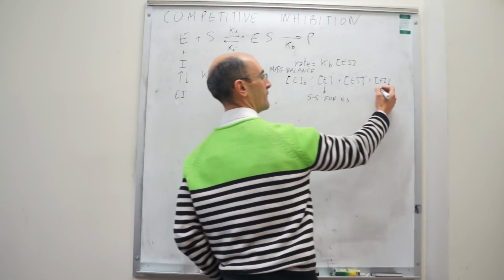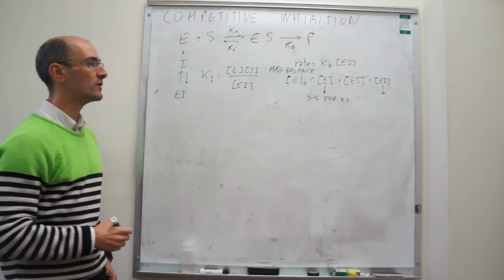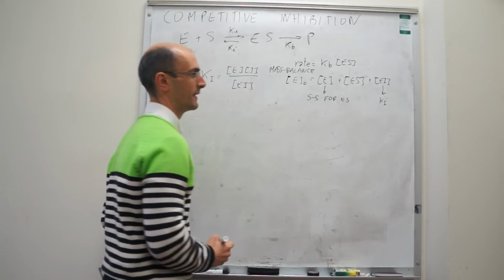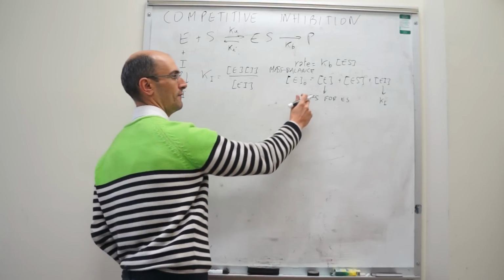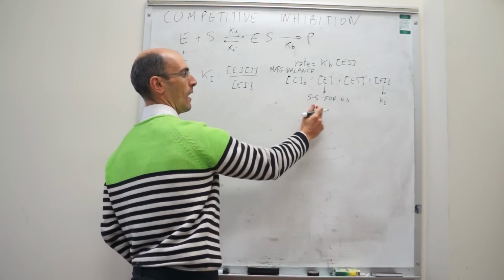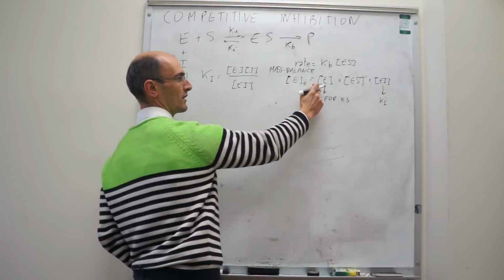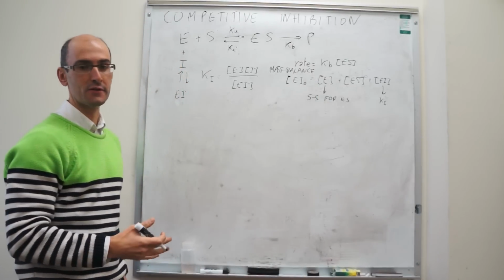And then, to put that as a function of ES, we're going to have to use our k sub I expression. And we'll see how all that works out. So let's go in parts. Let's first see how applying the steady state approximation for the ES complex, we're going to be able to find the concentration of enzyme as a function of ES.